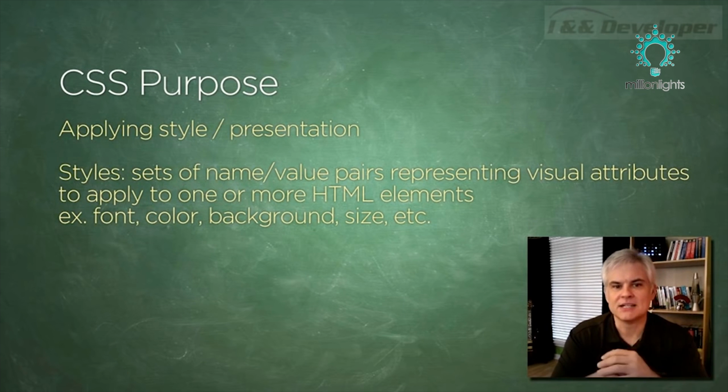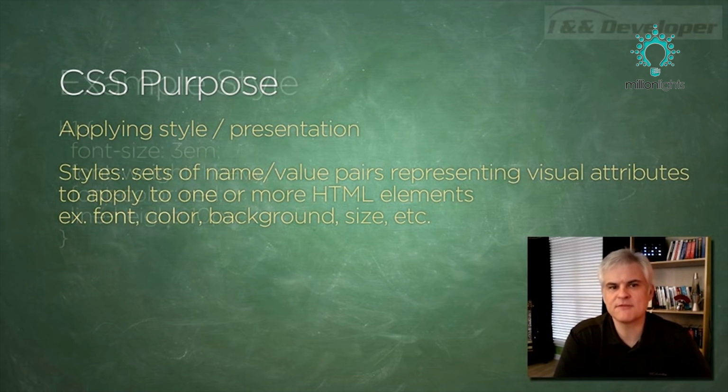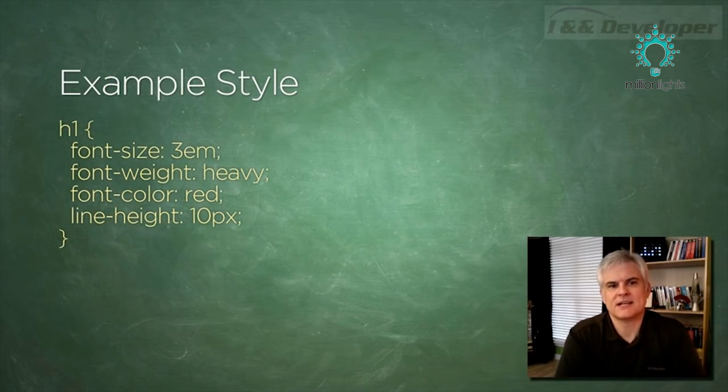So we're going to examine many of these common properties that you can modify in CSS throughout the remainder of this series. So a style, you've seen it before, it looks something like this. In this particular case, we have several different parts to our style. First of all is the selector. We are selecting, in this case, the H1 element, every H1 element in the document. The styling will be applied to all elements that match that requirement, namely all H1 elements.